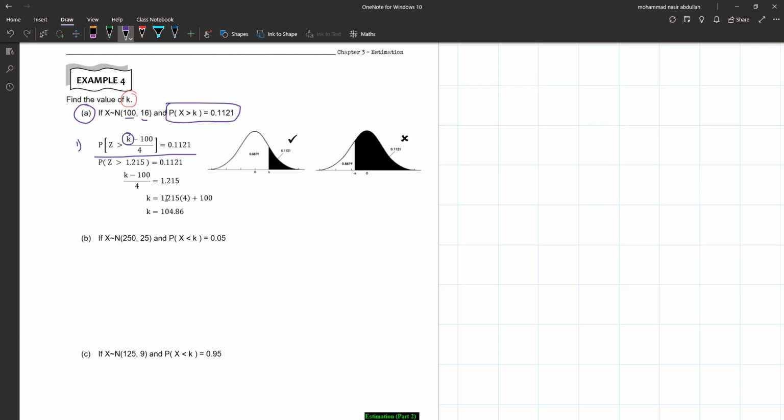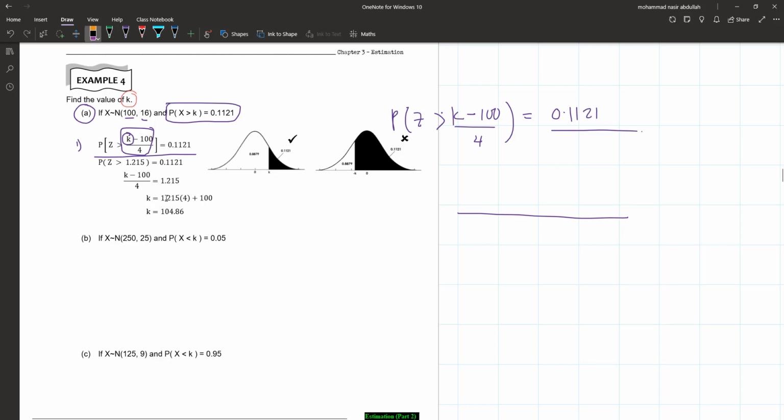So once we have the standard normal distribution, K minus 100 divided by 4 is more than Z. So we want to look at the value of probability here, which is 0.1121. Then we can know where the area of this value is.